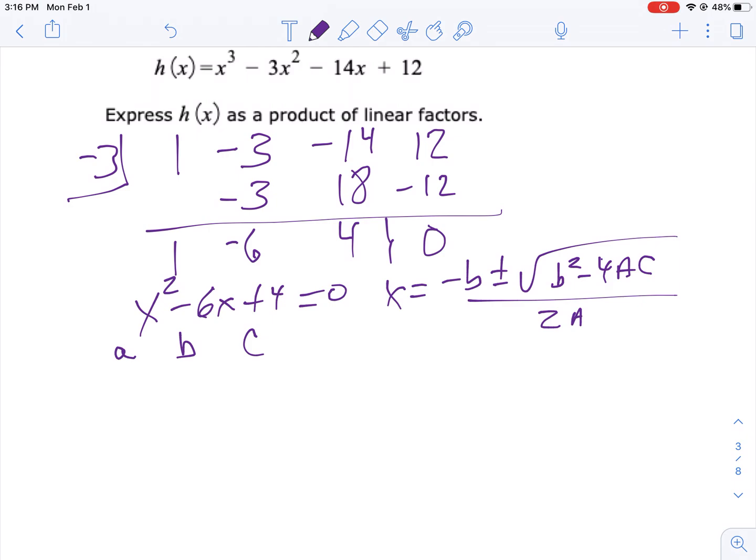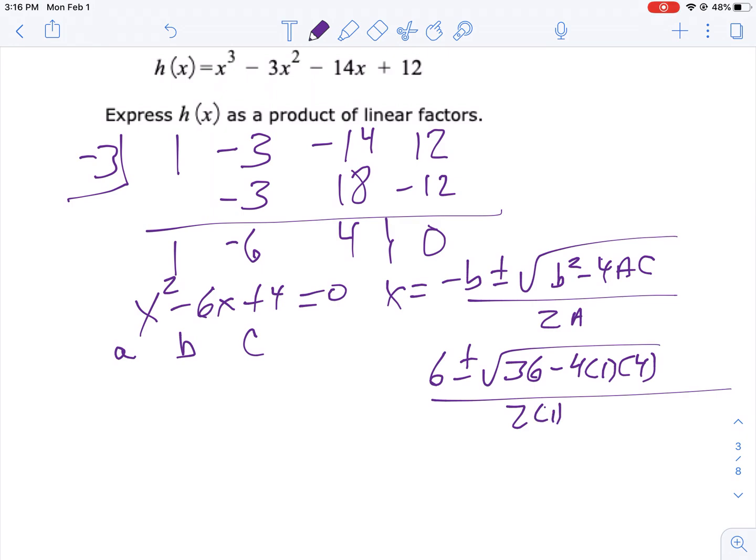So the opposite of negative 6 is positive 6, plus or minus the square root of 36, because that's b squared, minus 4 times 1 times 4, all over 2 times 1.